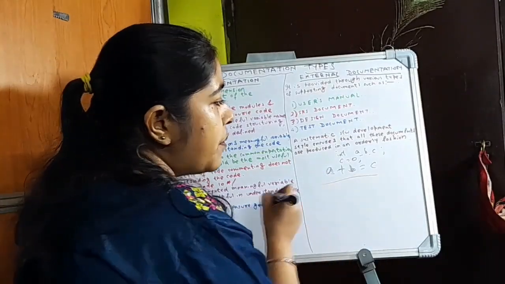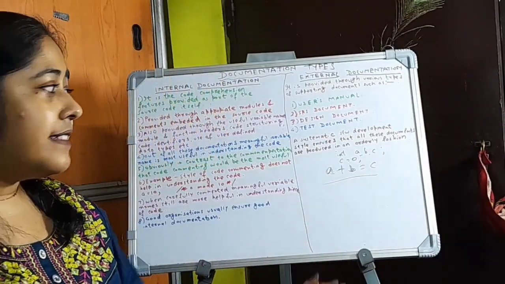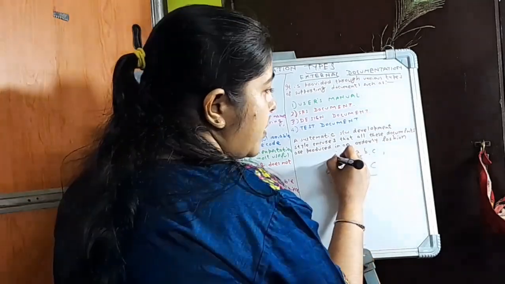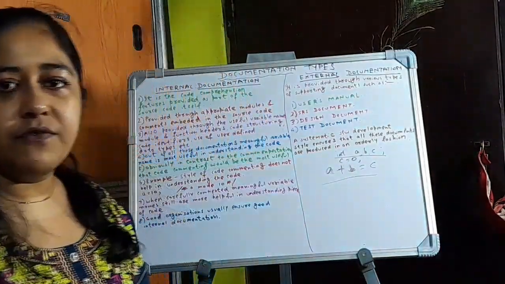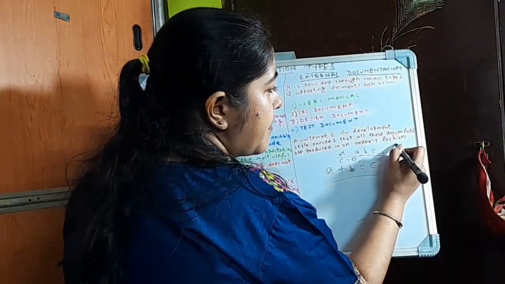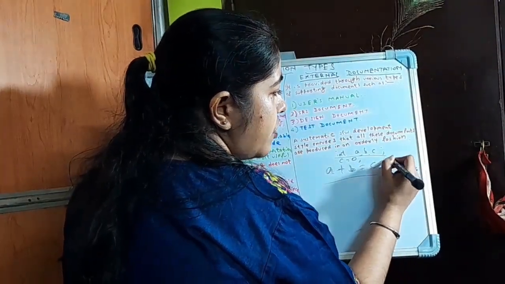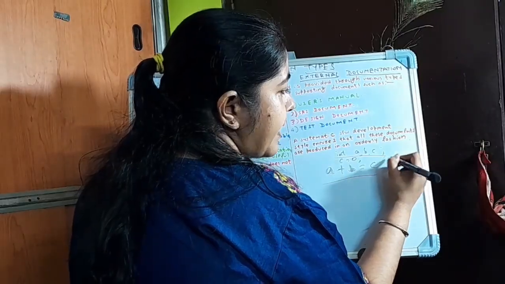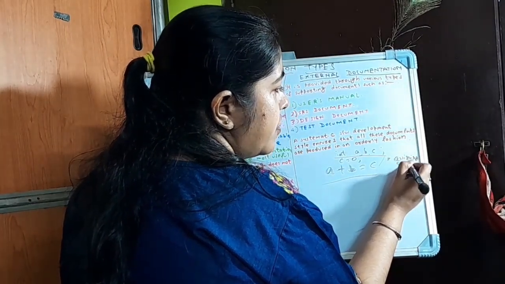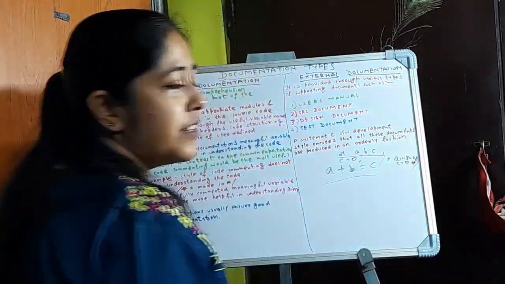So this is my operational part, right? But this particular thing is my comprehension feature. If you are writing some comment that C equals to 0, so we are assigning C equals to 0, these kinds of comments are written.